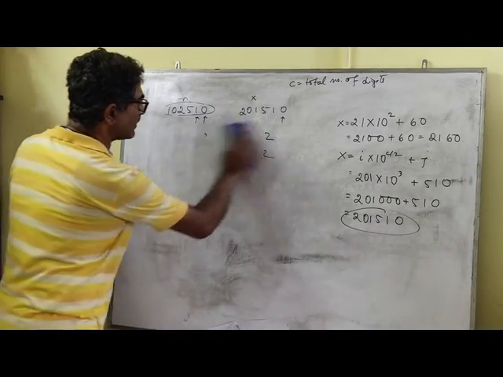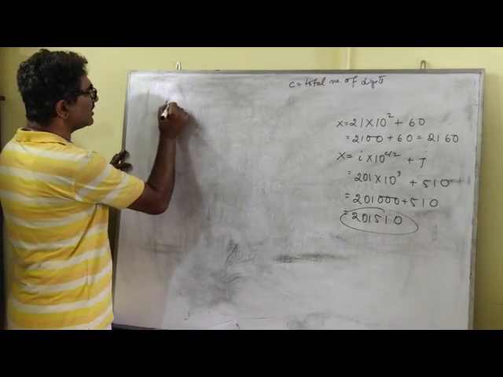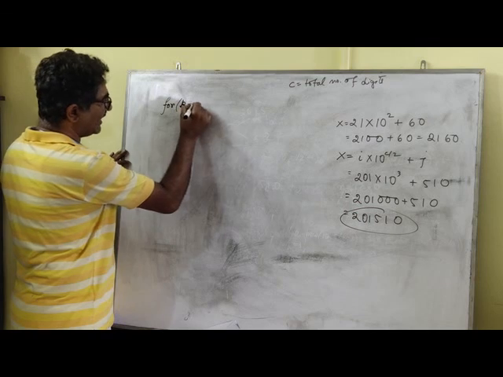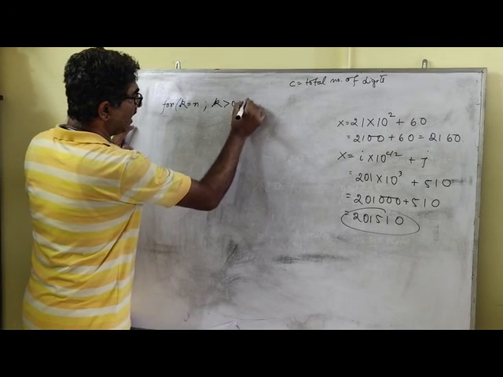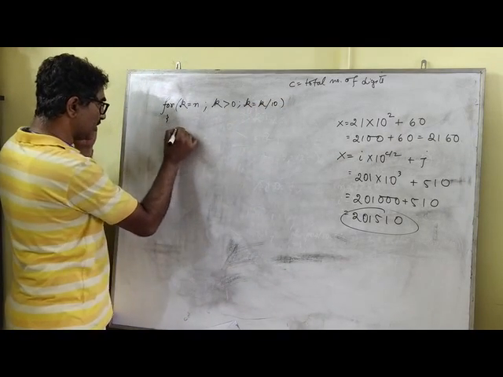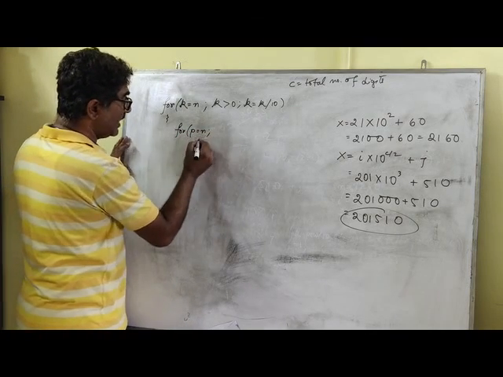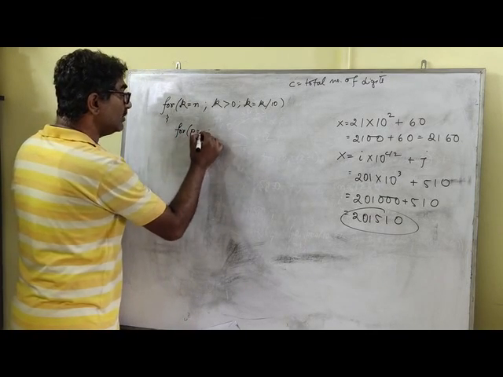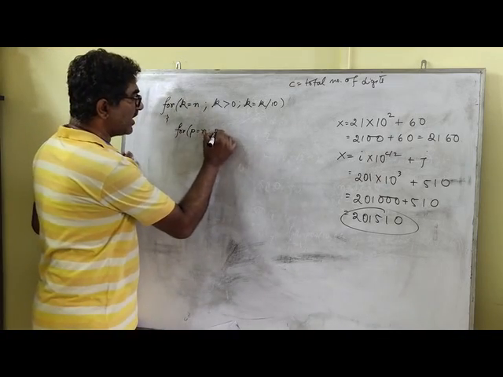So how do we write this code? It is a very simple technique. We'll start with a loop for k equal to n, where n is the given number, and k greater than 0, k equal to k by 10. And now we are going to run another loop for p equal to n, because I want to check it in the same number itself, p greater than 0.